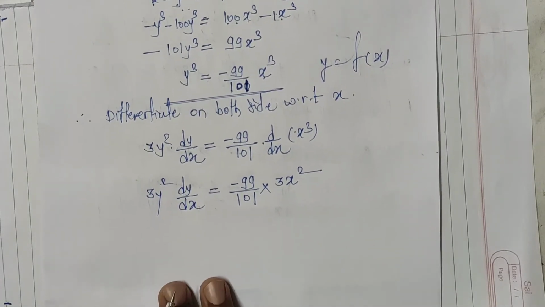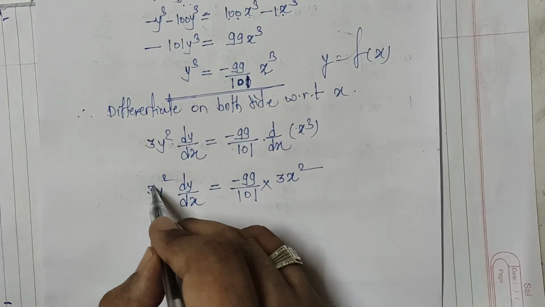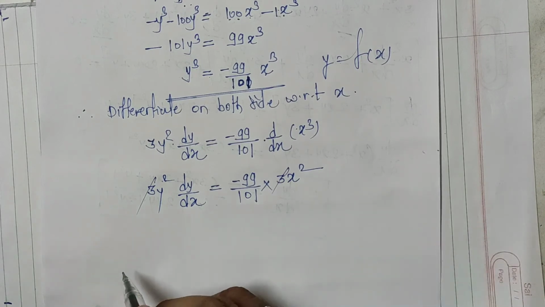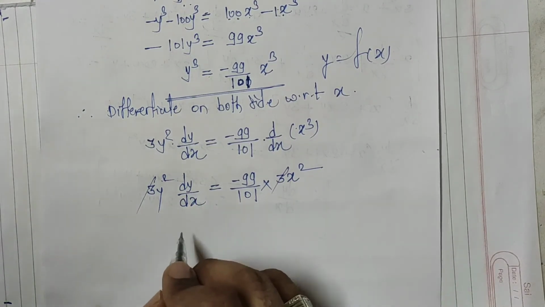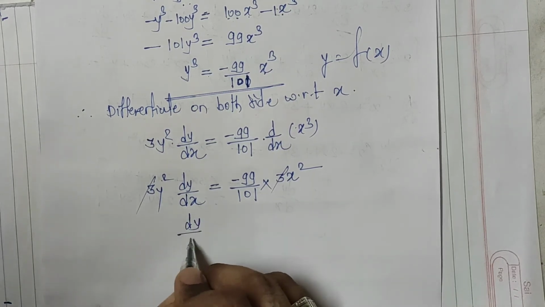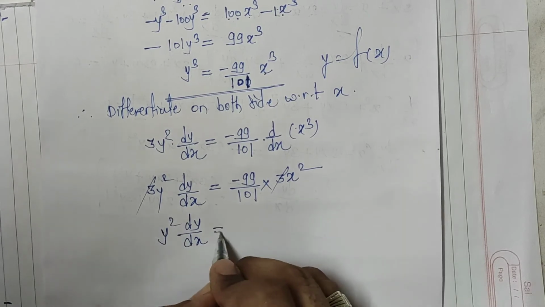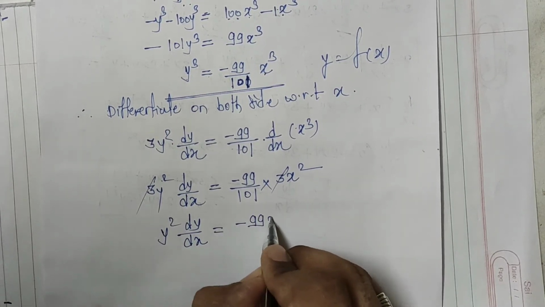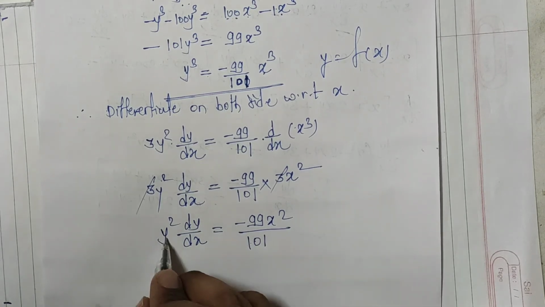Here on the other side is 3y square into dy upon dx. Let us see which terms can cancel. Here the 3s are the same, so cancel. No other term cancels. Therefore we get dy upon dx is equal to minus 99x square upon 101, with y square in multiplication form.